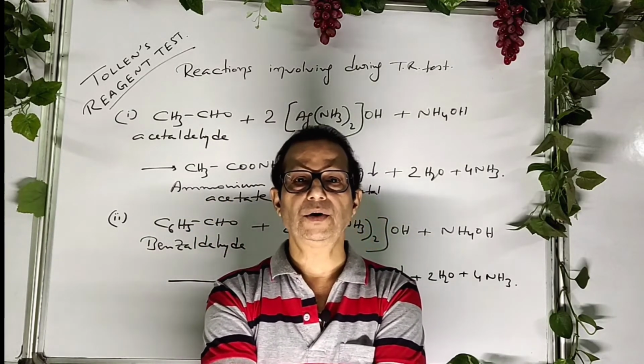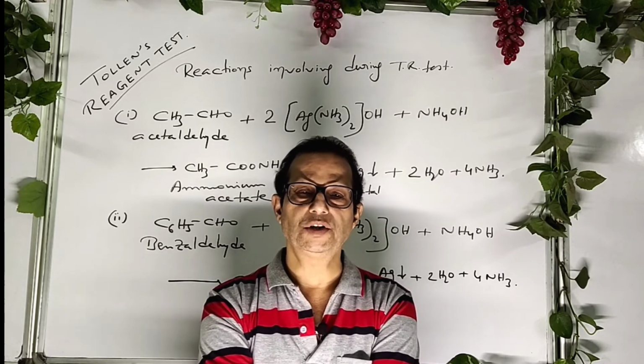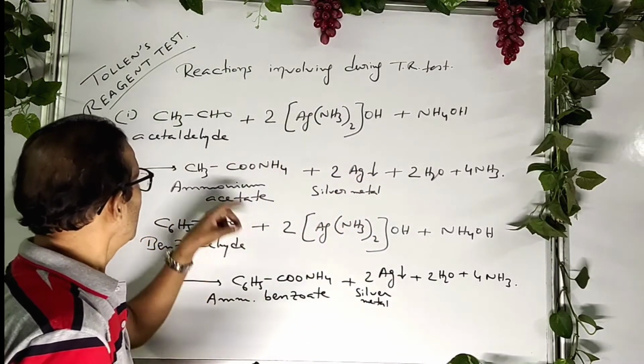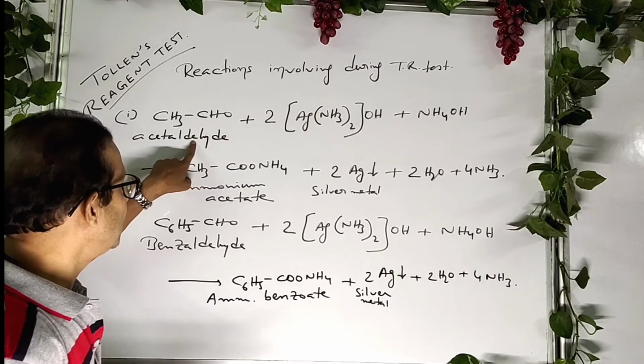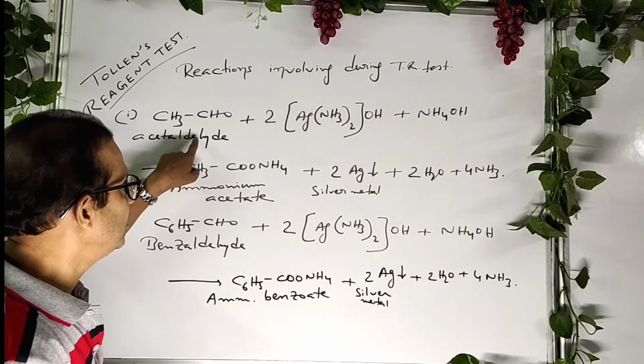Hence they react together to form ammonium salt of carboxylic acid. I have taken example of acetaldehyde. Any aliphatic or aromatic aldehyde undergoes Tollens reagent test.